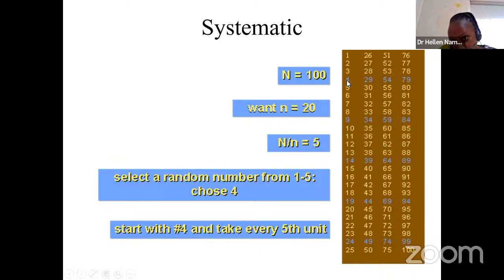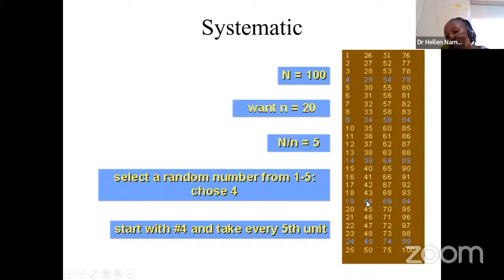For example, in case I start with 4, then I'm going to count 1, 2, 3, 4. Then the 5th person is the 9th one. So this person is going to be part of my sample. I do the same till I get the 5th one. Then I pick that particular individual. I include the respondent in my sample, and so on.